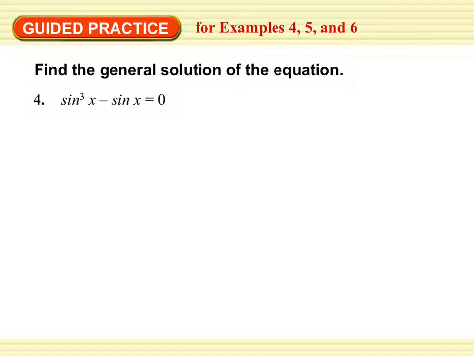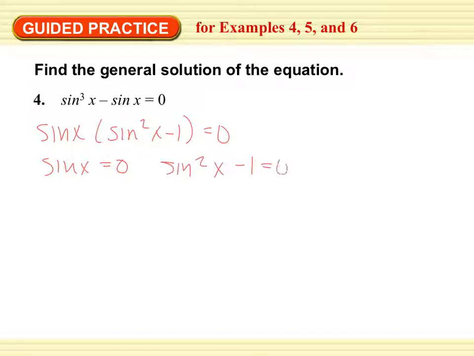Alright, general solution. I can factor sine x. Sine x equals 0, or sine squared x minus 1 equals 0. For this one, x equals 0, and it's a general solution, so it's going to be 0 plus n pi.